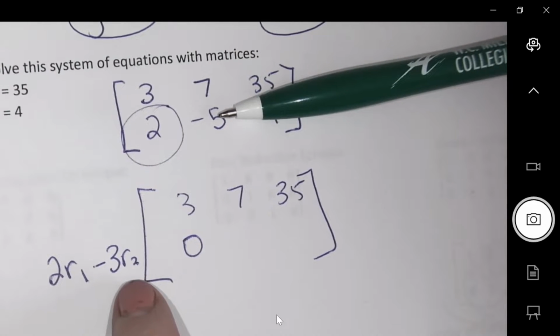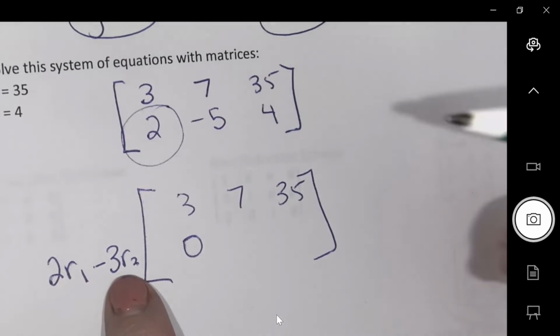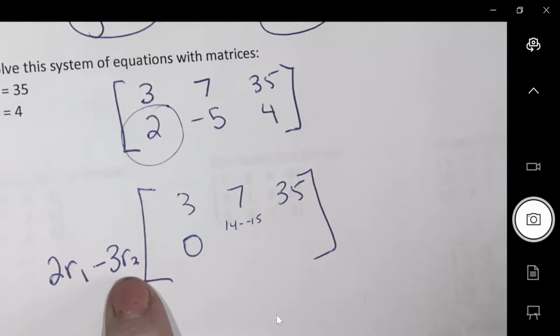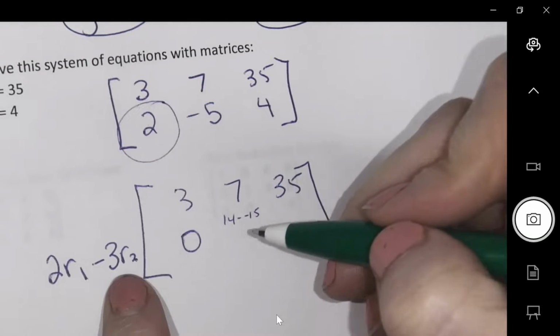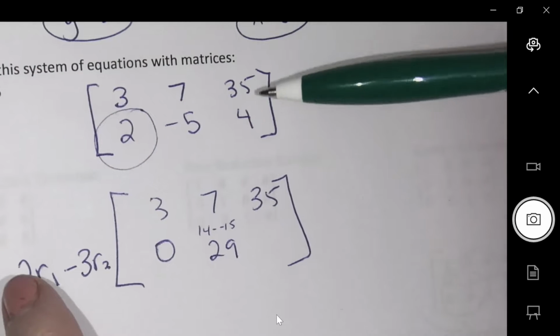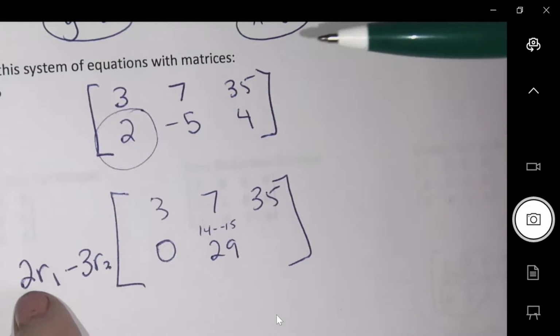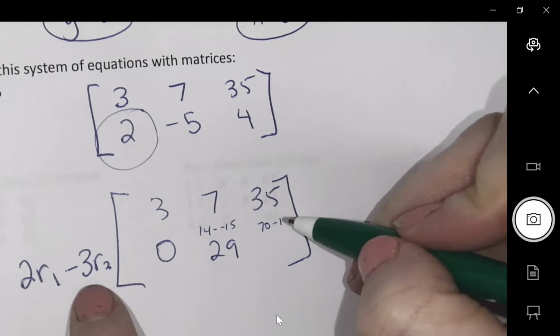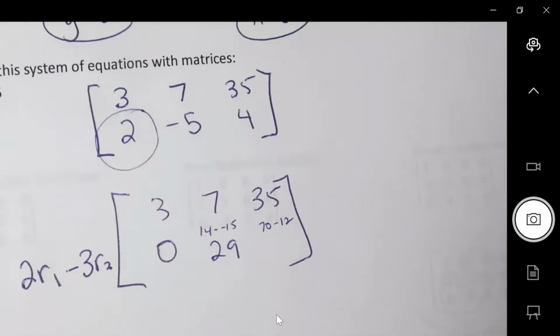Subtract negative 15. What does that make? 29. 2 of these, 70. Subtract 3 of those, 12.